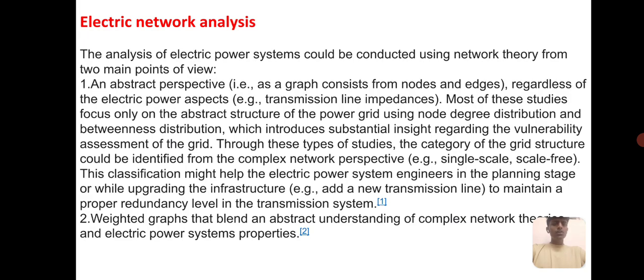The second perspective uses weighted graphs that blend an abstract understanding of complex network theory and electrical power systems properties. This is part 2 of the examples of electrical network analysis.